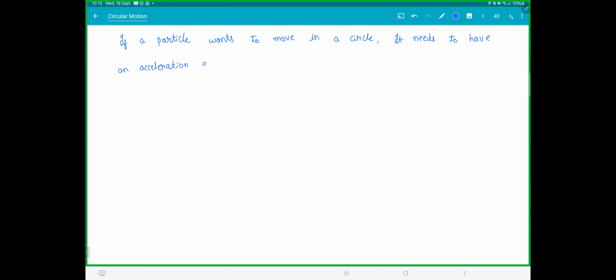How much? It needs to have an acceleration of u square by r. This we just now proved. Now this acceleration won't come out of free. Someone has to produce this, which has to be produced by an external force. This force is called centripetal force.